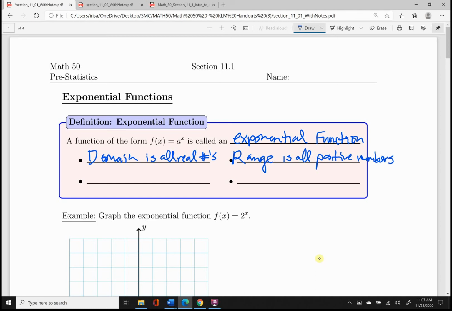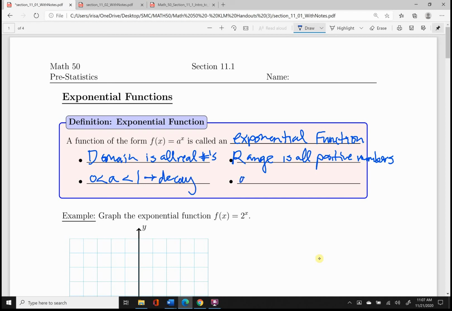Depending on the value of a, the base of your exponential function, which can be anything greater than 0: if a is between 0 and 1, then you're going to have an exponential decay. I'll call that a decay model.